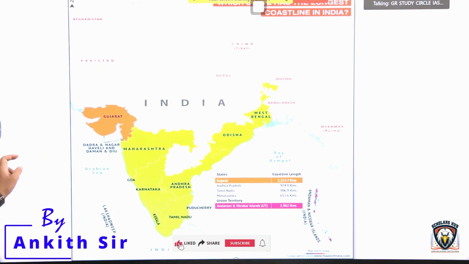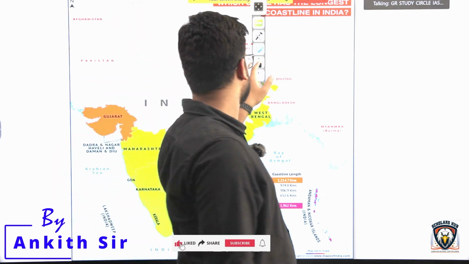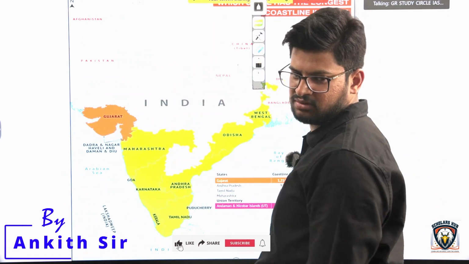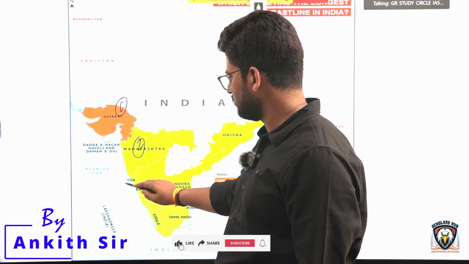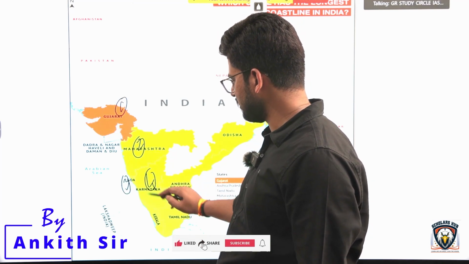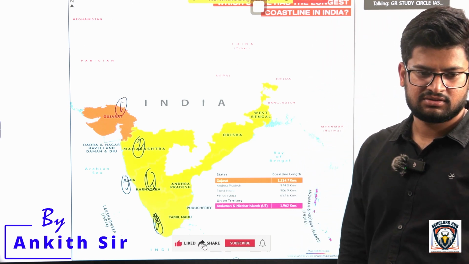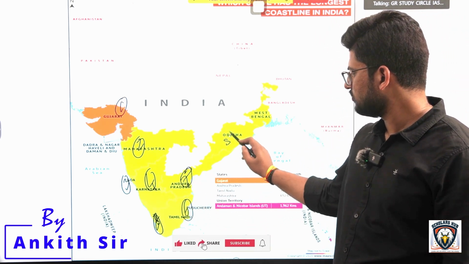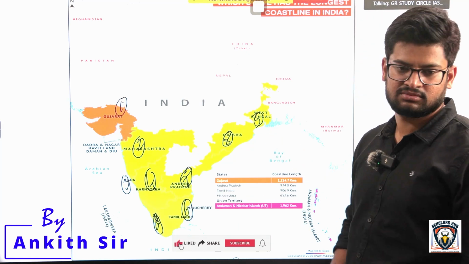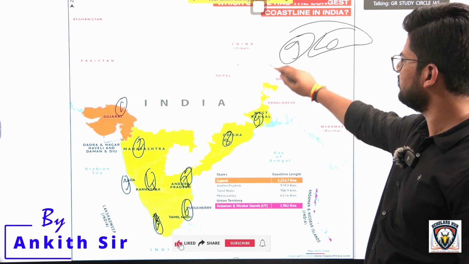Right. So how many states of India have coastline? Quickly, 9. On the west, first Gujarat, Maharashtra, Goa, Karnataka, Kerala. Okay, 5 on the west. Then on the east, Tamil Nadu, Odisha, West Bengal. Total 9 Indian states have coastline. This is basic information.